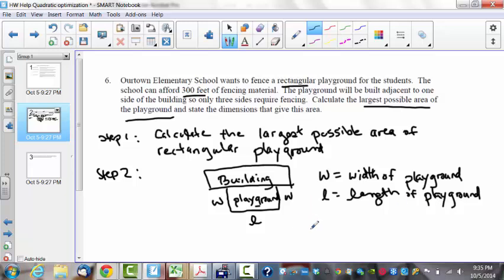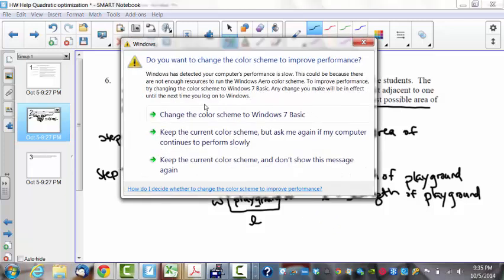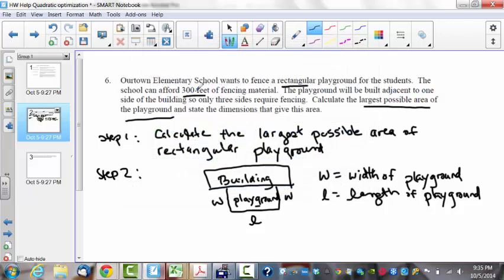So the question is, what formula can we write? I'm going to give you a couple seconds to think about it, and then I'm going to try something different with EduCanon, where I'm going to ask you to actually submit what you think should be the formula, considering that we know that the school can only afford 300 feet.